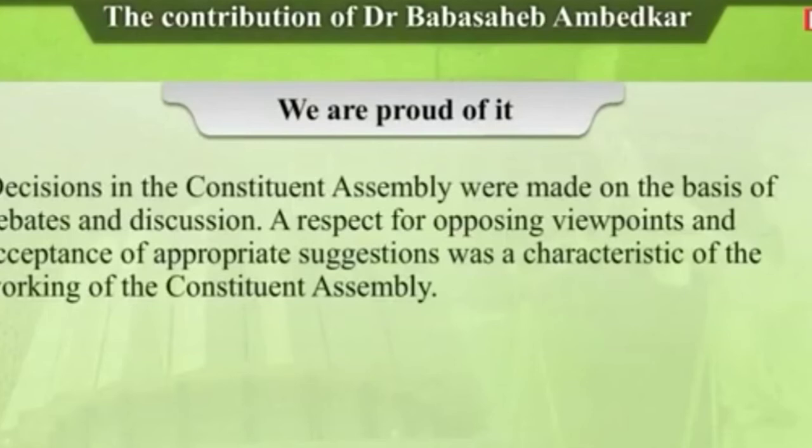Decisions in the Constituent Assembly were made on the basis of debates and discussion. A respect for opposing viewpoints and acceptance of appropriate suggestions was a characteristic of the working of the Constituent Assembly.